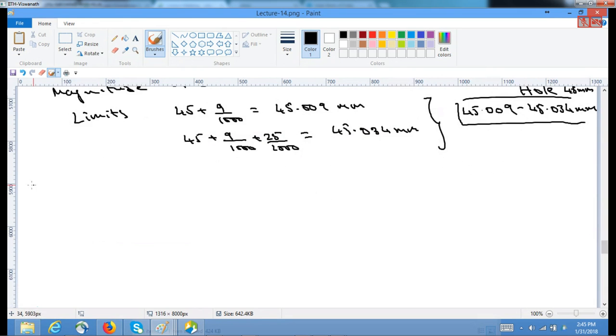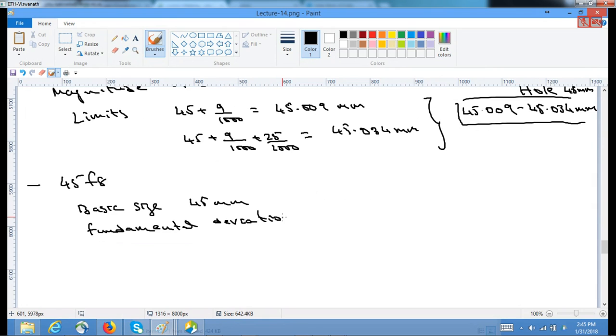Similarly, another example, 45 f8, means the basic size is 45 mm, the fundamental deviation is f, and the magnitude of tolerance is of grade 8.